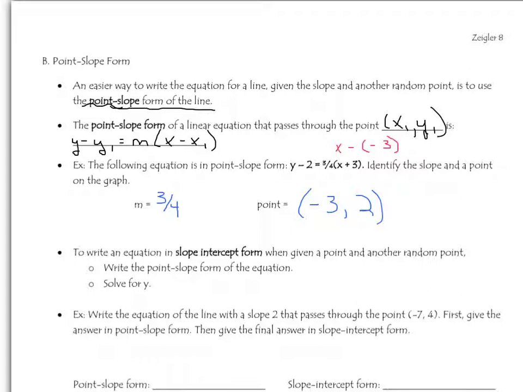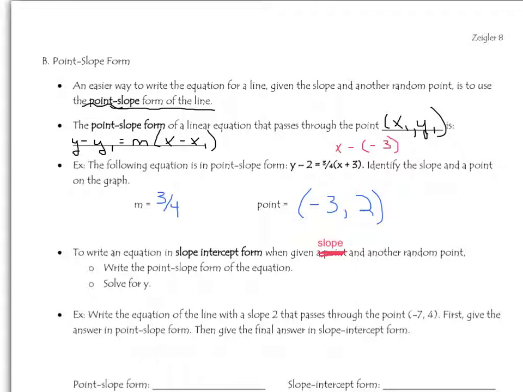Alright, so to write an equation in slope-intercept form when you are given a slope and another random point, you first write the point-slope form of the equation, y minus y1 equals m times x minus x1, and then you solve for y so that you end up with y equals mx plus b.